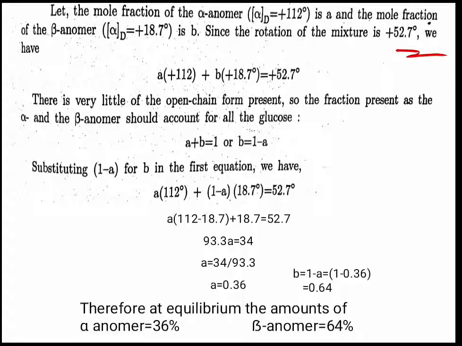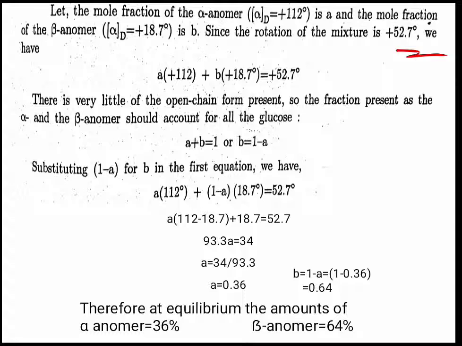That means we are neglecting the open chain form, and that's why we get the relation A plus B equals 1. The alpha-D and beta-D will contain all the glucose at equilibrium.